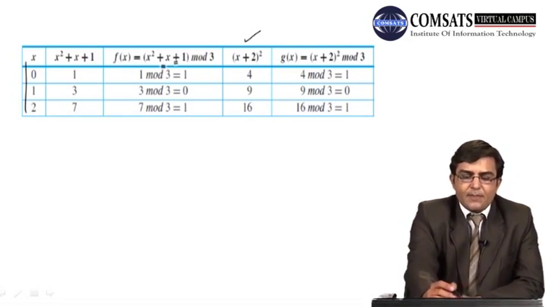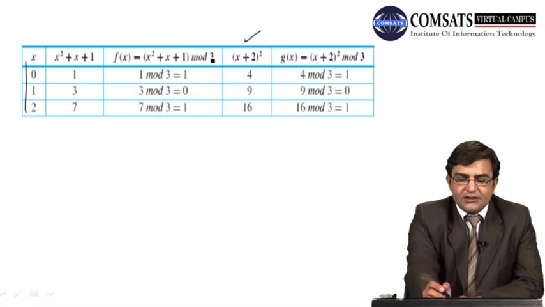Now we can calculate f of x. F of x is basically x square plus x plus 1 mod 3.